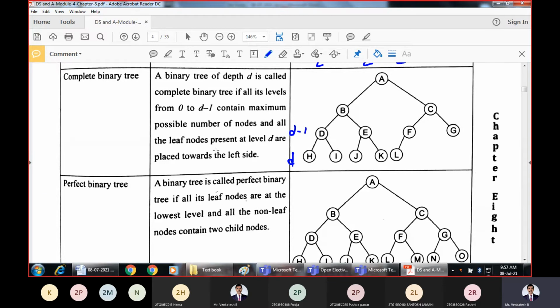And all the leaf nodes present at the last level are placed towards the left. That means they must be filled from left to right. Then it becomes a complete binary tree.